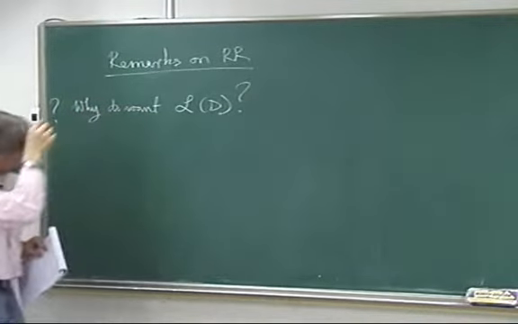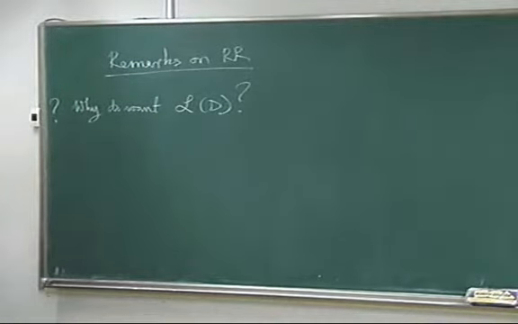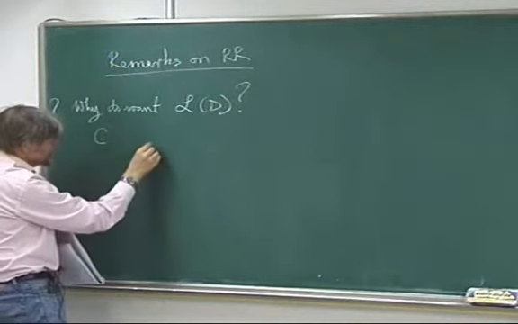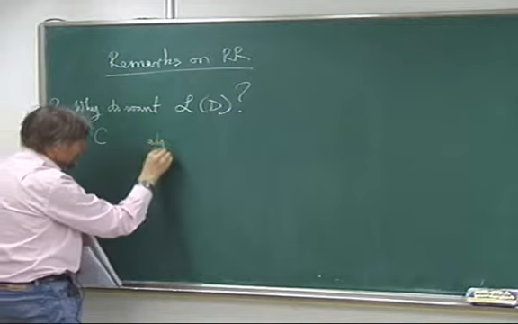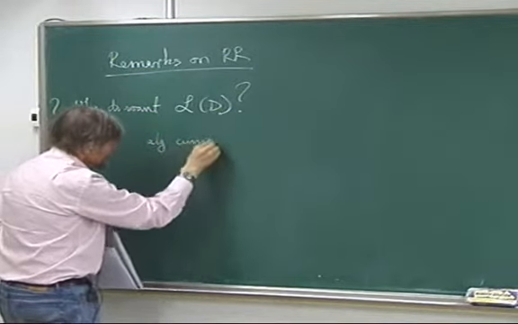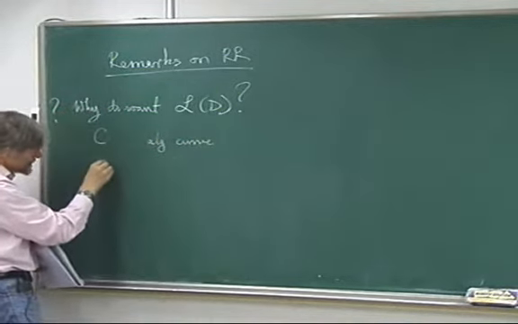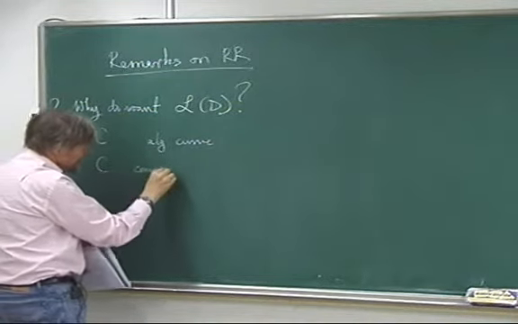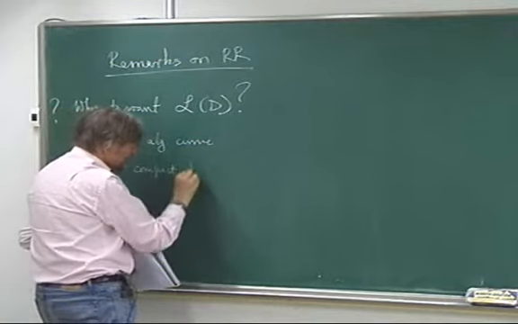So the point is this, that I might have C given as an algebraic curve, or I might have C given as a compact Riemann surface.